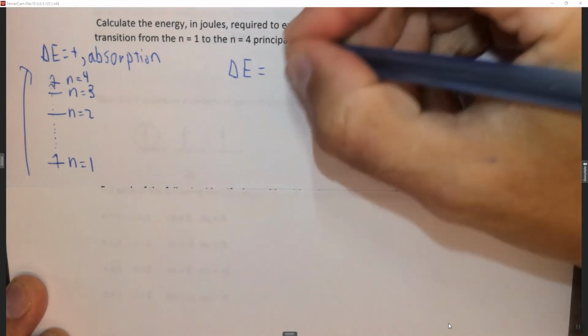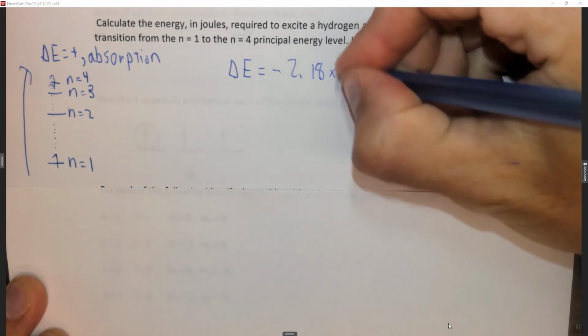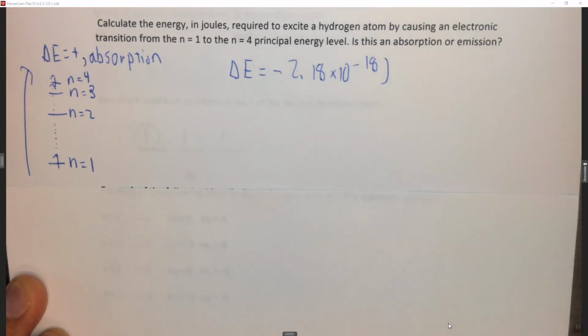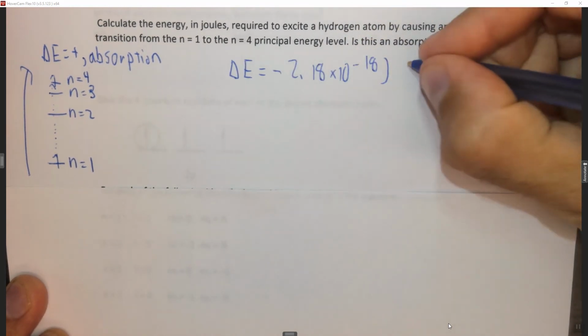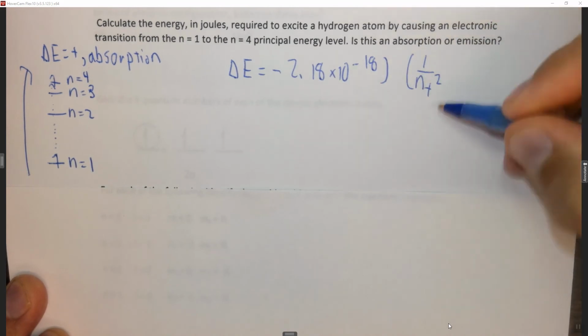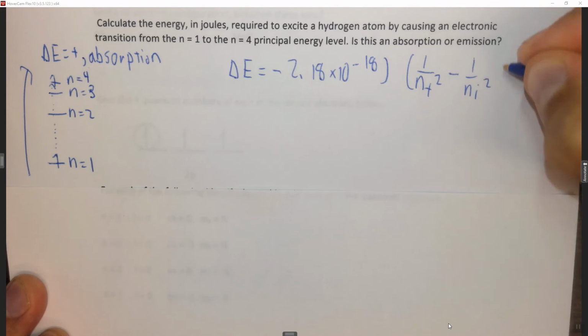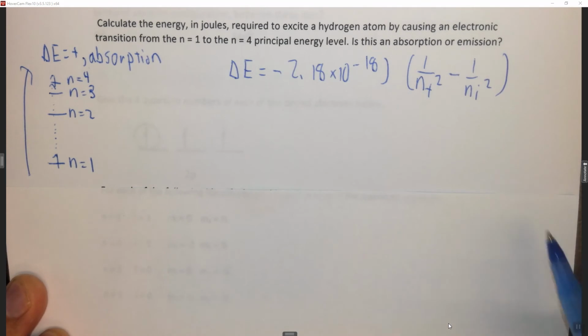Delta E equals the constant, negative 2.18 times 10 to the minus 18 joules, the Rydberg constant, times 1 over nf squared, the final energy state, minus 1 over ni squared, the initial energy state.